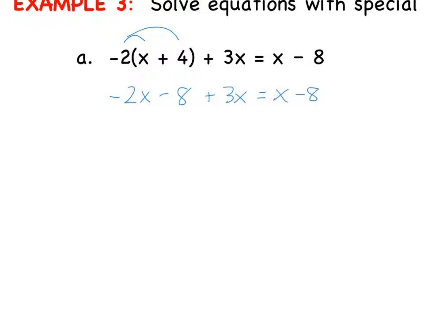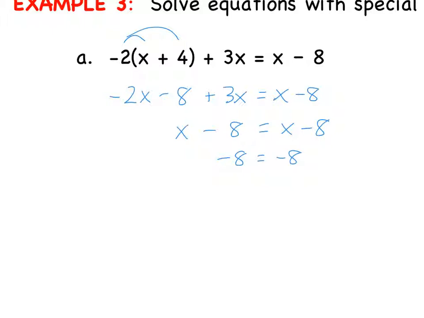All right, so gathering the like terms on the left side, we are going to have x minus 8 equals x minus 8. Getting the x's on one side, they cancel out. Okay, so if I subtract x from both sides, those go away, and we are left with negative 8 equals negative 8.